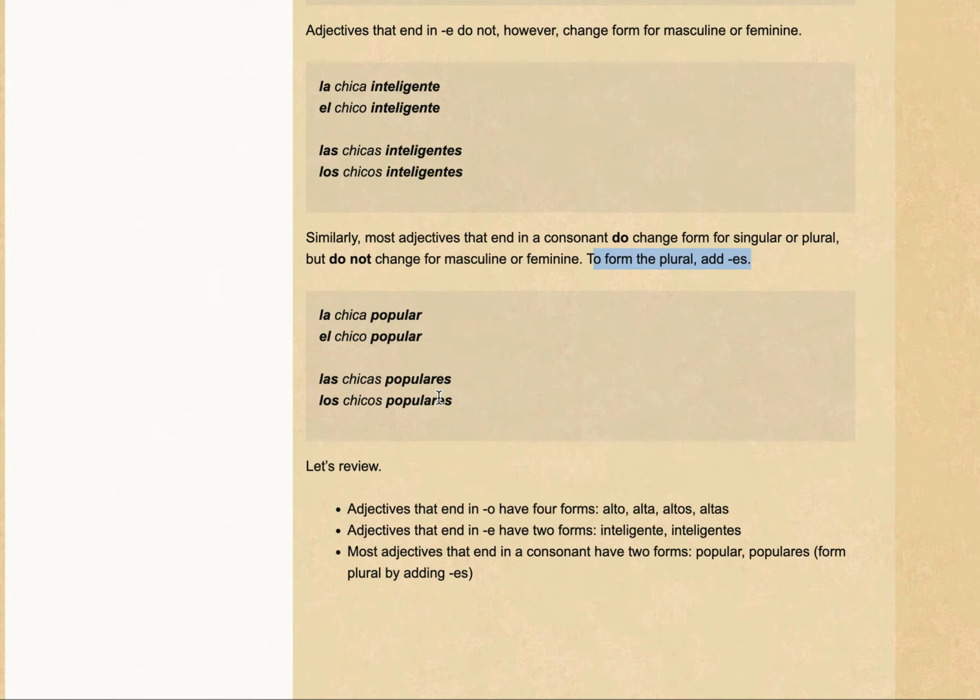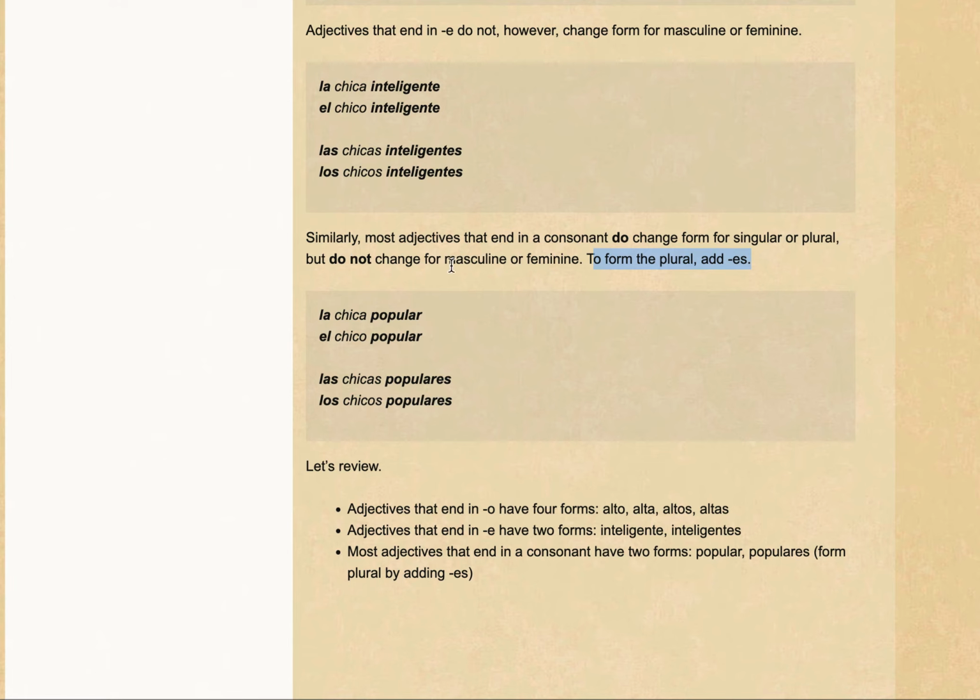And for singular masculine we have el chico popular. And if we have to transform this, it will be los. El will transform to los. Chico will add an s to it, chicos, and the same rule, adding an es. So populares, right? Los chicos populares.